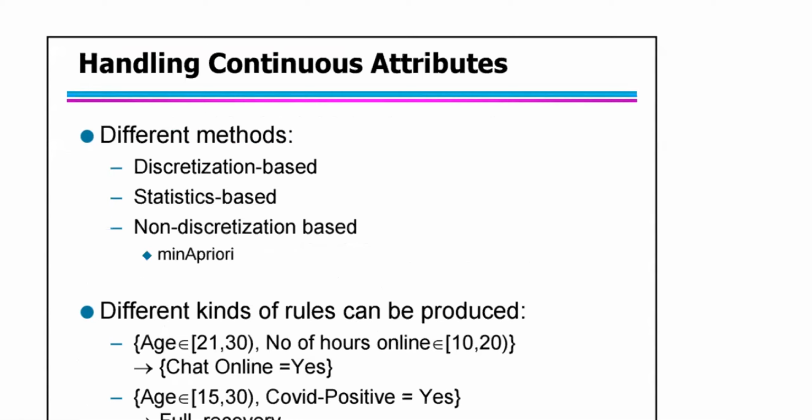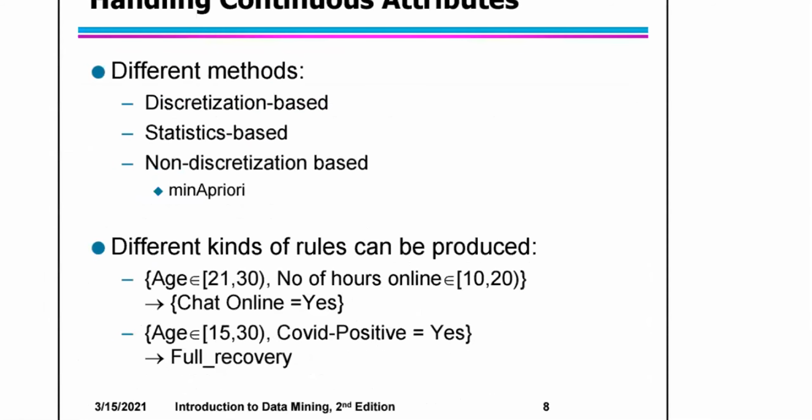I want to show that table with continuous attributes, where different kinds of rules are produced. A is 12 and 30; this is a simple example. 12 and 30 are the number of hours online, for example 10, 20, and chat online yes.